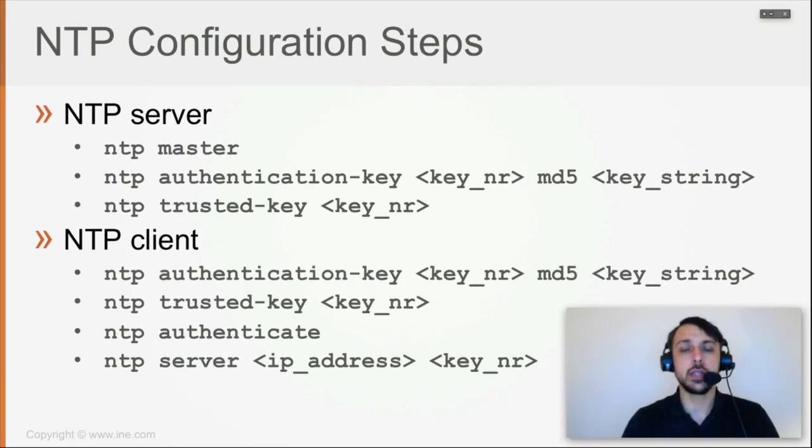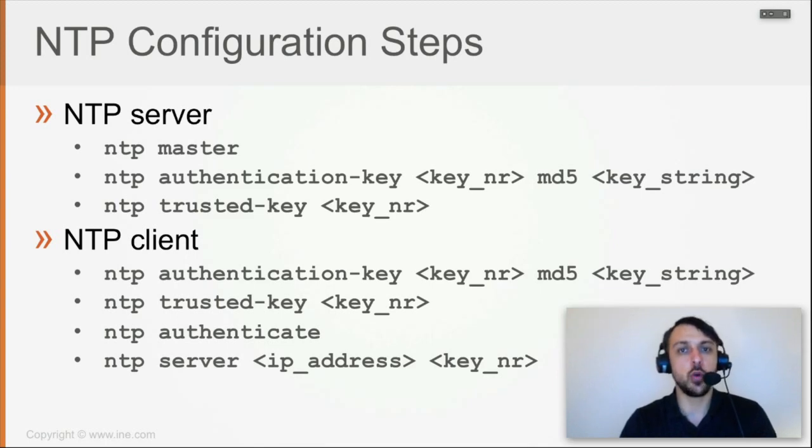Now, if you look on most documentations, they put in there the NTP authenticate command on both the server and the client, which is one of those use cases that's just wrong, because the NTP authenticate says I want to authenticate the NTP packet. And just think about it. The NTP client wants to authenticate the NTP server in order to make sure that the time being received is received from the proper and correct NTP server, so that the NTP server is not being spoofed.